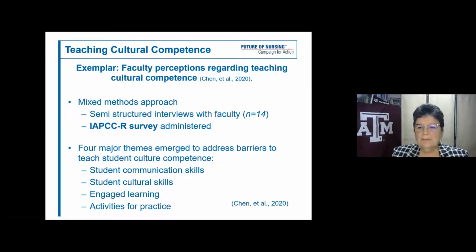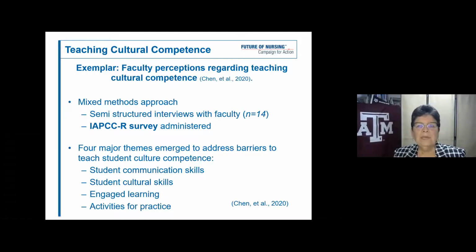So a couple of the sample questions asked of the faculty who participated in the study were, how do you motivate students to have a desire in learning diverse cultural this semester? And how did you teach students to recognize cultural differences?